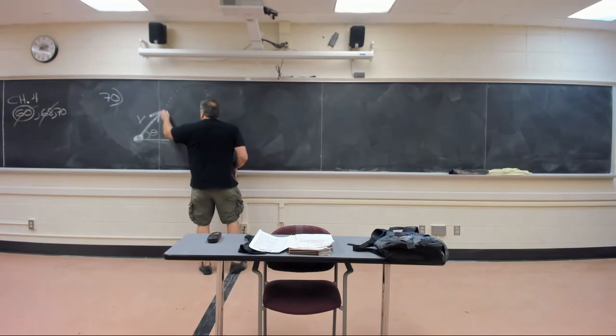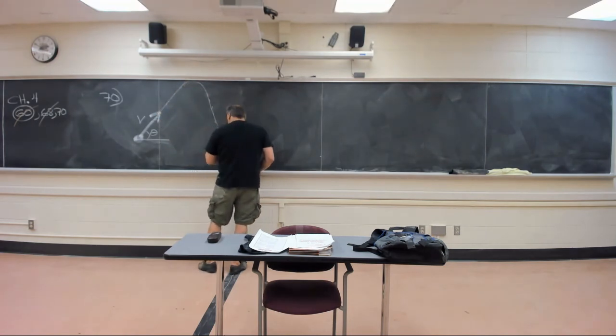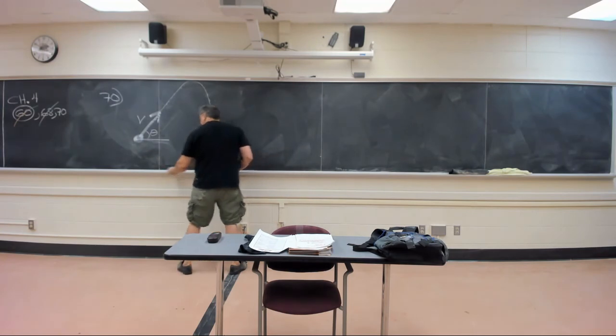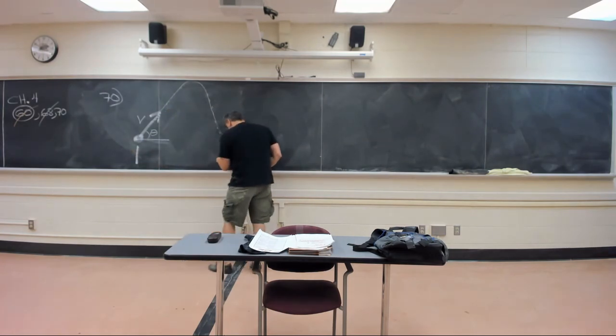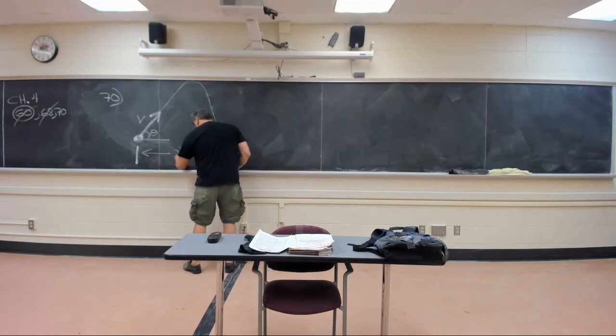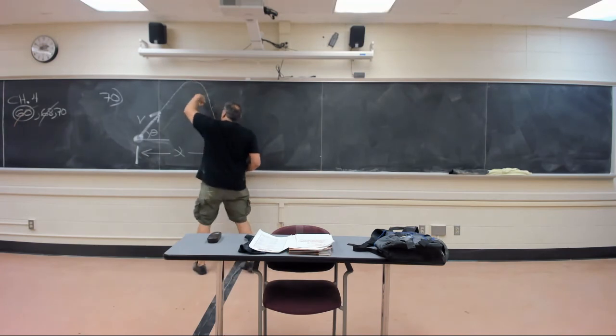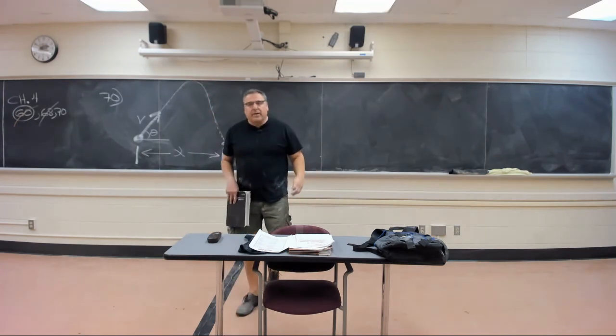This is definitely not a good drawing. So it's going to come down to here. Assume this thing goes higher, assume I had a blackboard that was a lot higher.